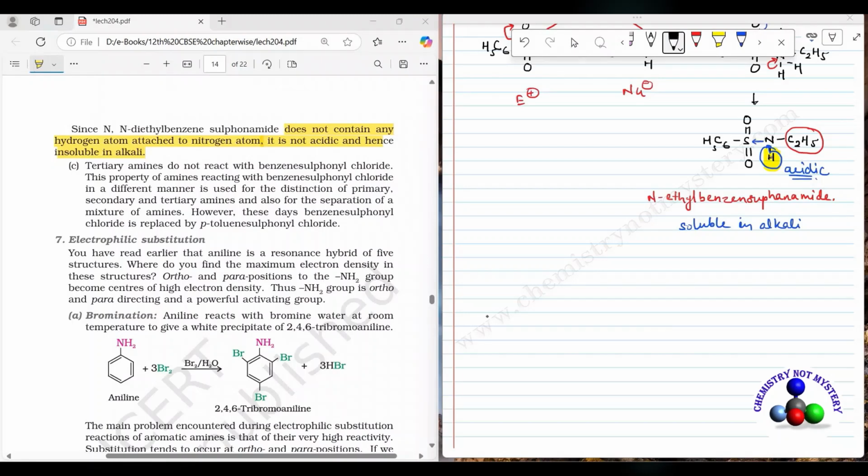So this is the Hinsberg reagent, C6H5 S double bond O, here double bond O, and this is Cl. When it reacts with a tertiary amine, R, N, R, R, this nitrogen has a lone pair of electrons. So when it tries to attack the sulfur, the pi bond moves to oxygen, and here you will get the product.